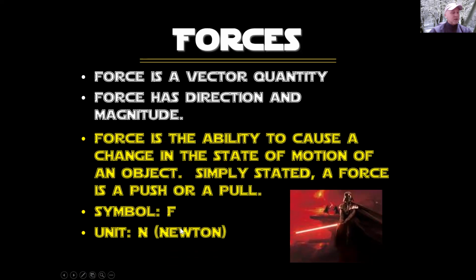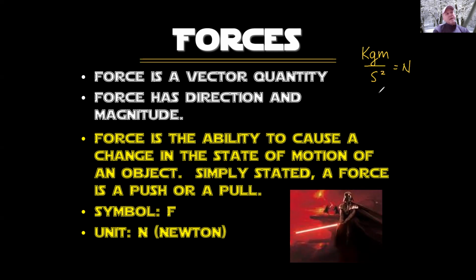Now, this is important because a Newton is our first, what we call, derived unit. A derived unit means you're combining multiple units to get it. So if you have a kilogram times a meter over a second squared, that is equal to a Newton.